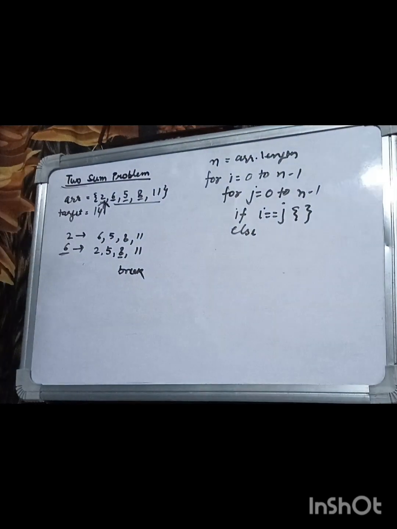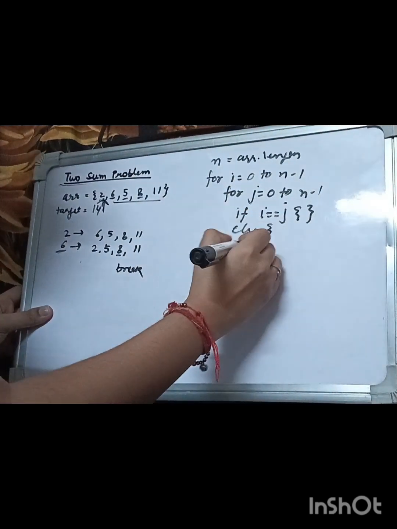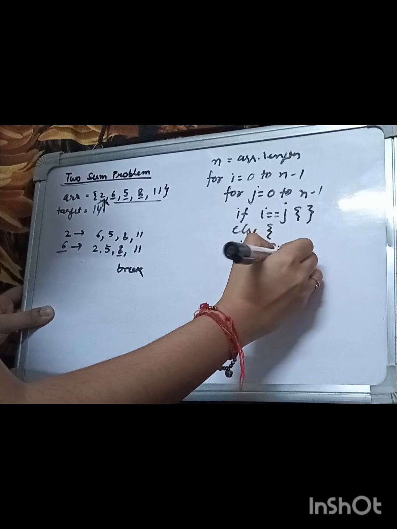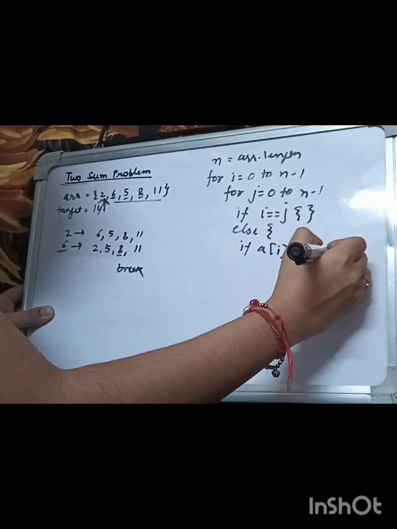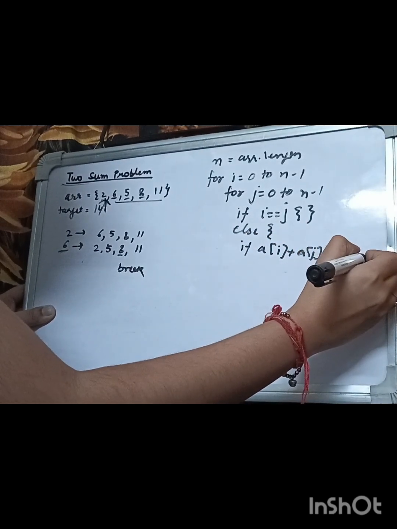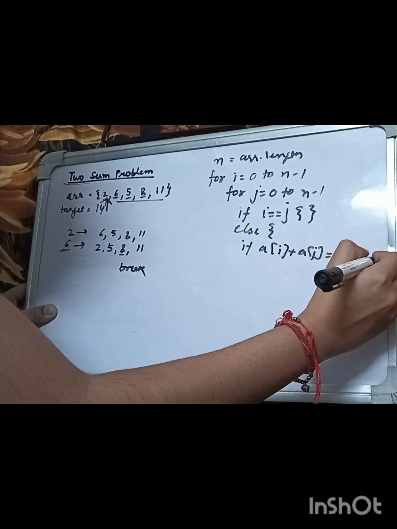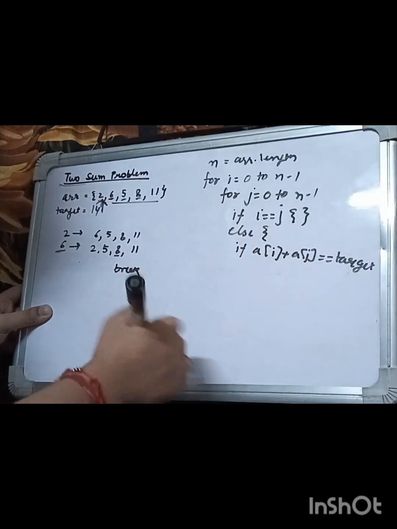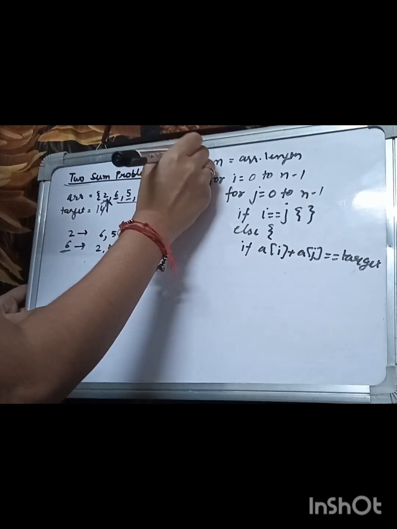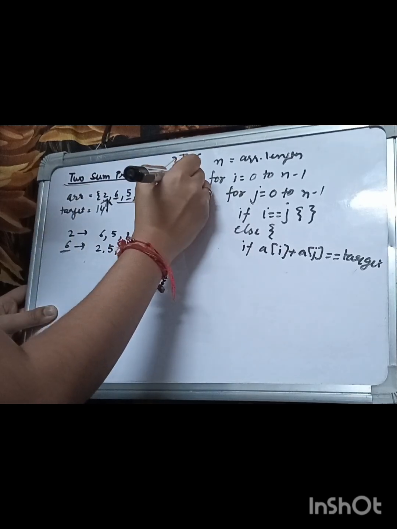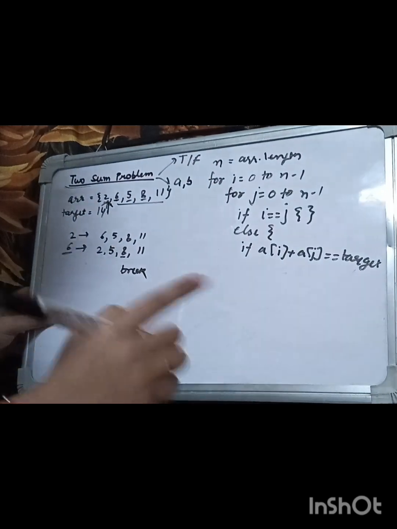Else, if it is not equal, then you have to check if a of i plus a of j is equal to target. Then what you will do, there are two variants of it. First is true or false. Next is you have to return those integers. So I can do both.